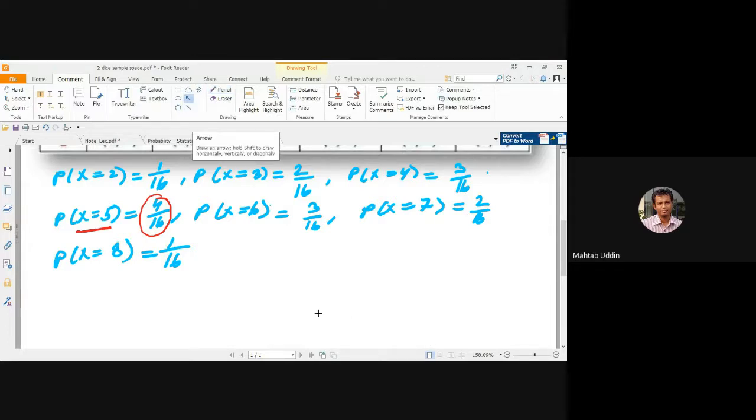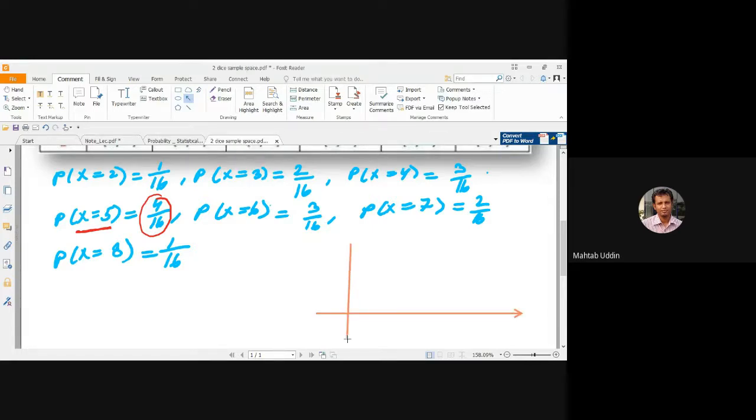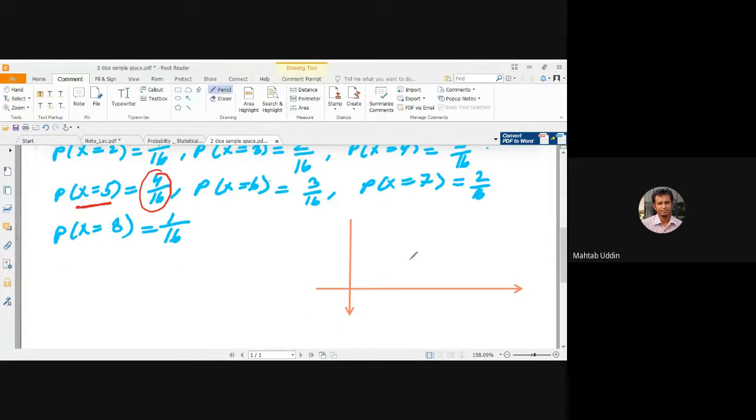Now if I show this as a line graph, you can see a triangle will be formed, starting at x equal to 2.